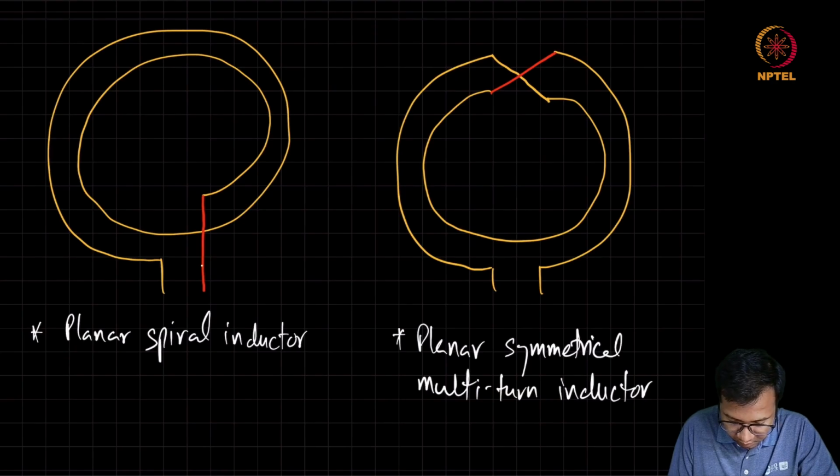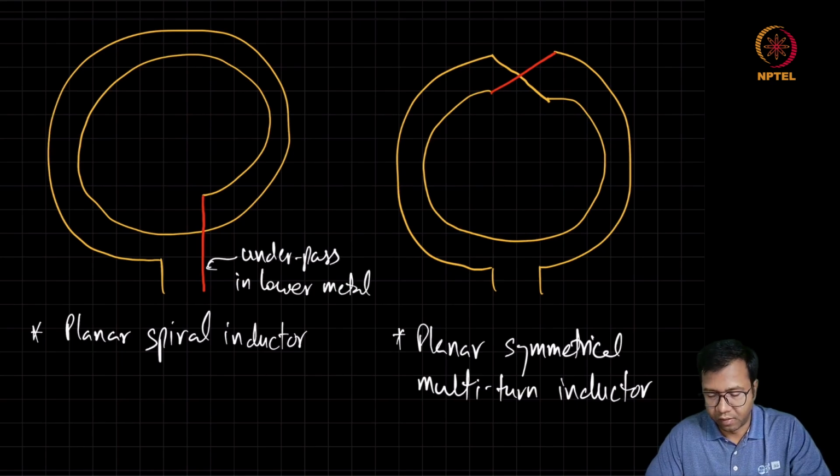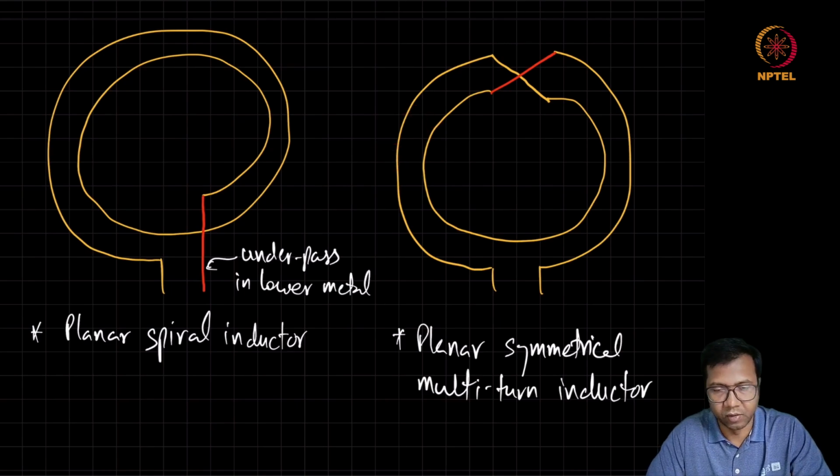There is no restriction on using only 2 turns. You can go for an n-turn inductor depending on the overall inductance value required. And you can optimize what should be the metal thickness, what should be the spacing between these turns, and so on, so as to optimize the quality factor and the overall inductance.